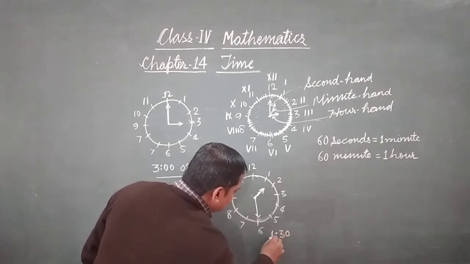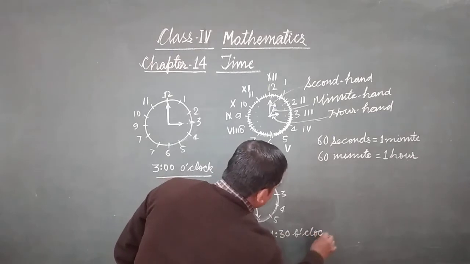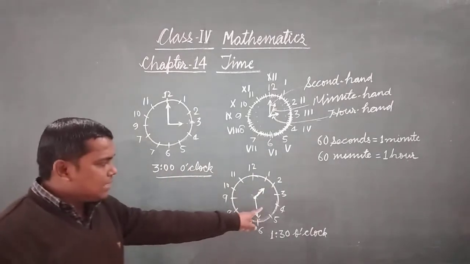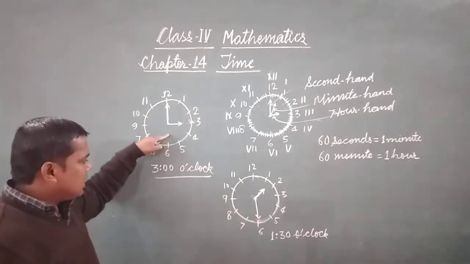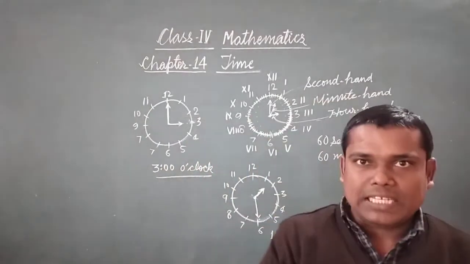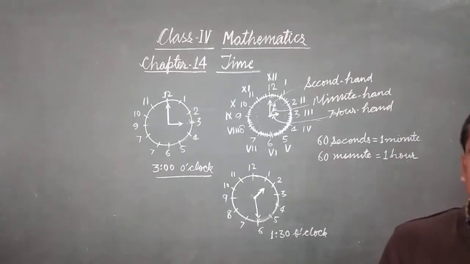I hope you understood. In this case we understand 1:30, in this case we understand 3 o'clock, and similarly we see the position of the minute hand and hour hand to tell the time on the clock.